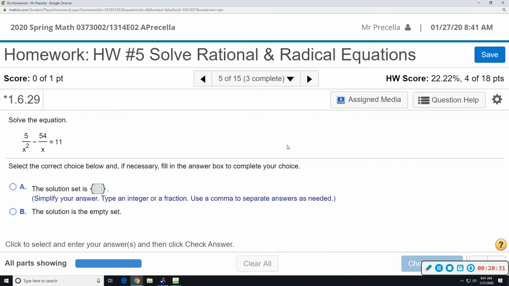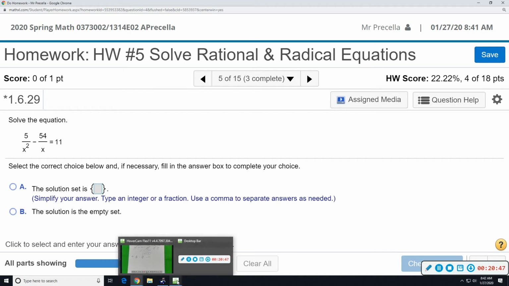You'll see them where there's an x squared and an x. So if there's an x squared and an x, how do we get rid of those fractions? 5 over x squared minus 54 over x equals 11.